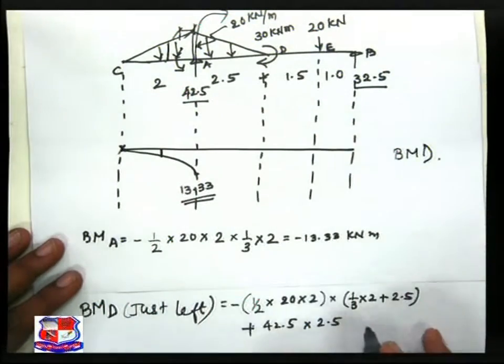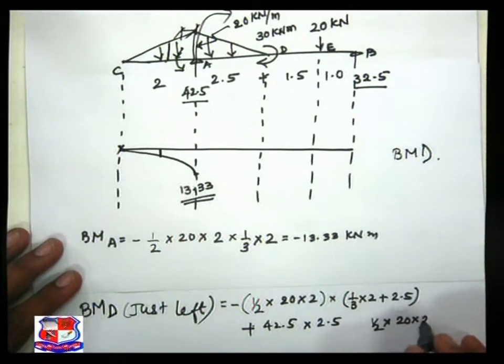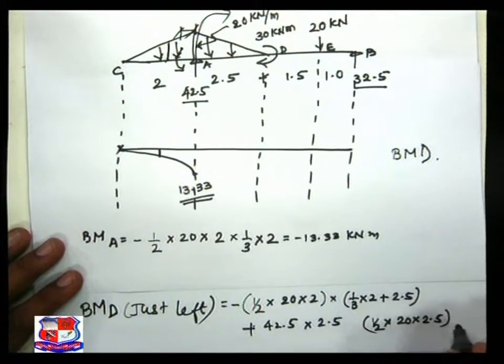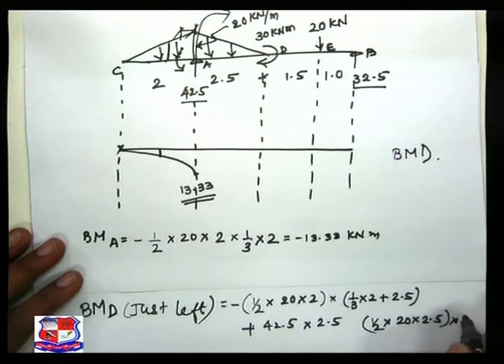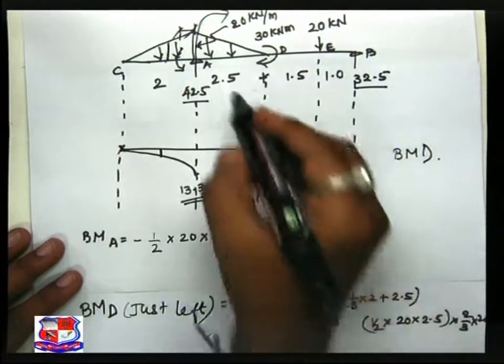Then another UVL, half into 20 into 2.5 into 2/3 of 2.5.